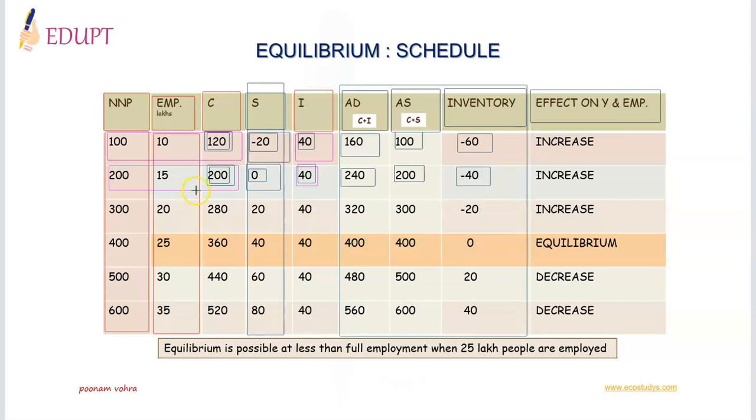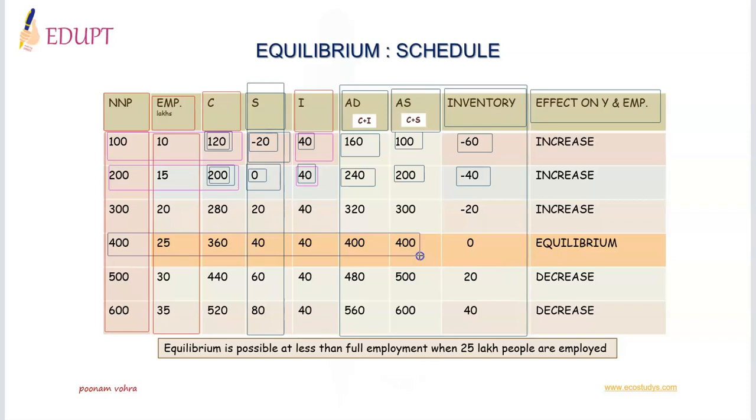And by observing it closely, one finds that when income is 400 with 25 lakhs of people being employed, consumption is 360. So savings would be 400 minus 360, which is 40. Investment is 40 as given. Aggregate demand would be C plus I, 360 plus 40, 400.